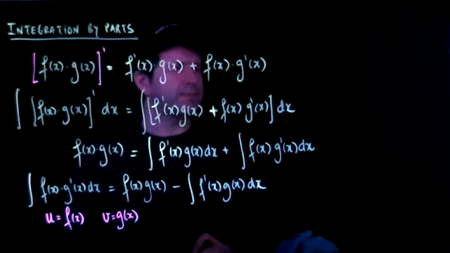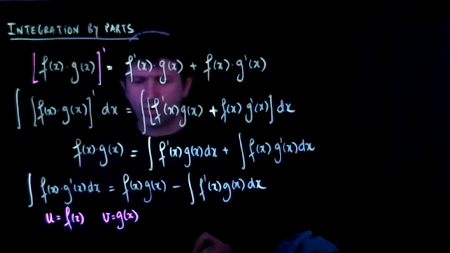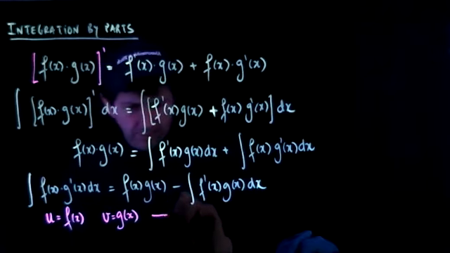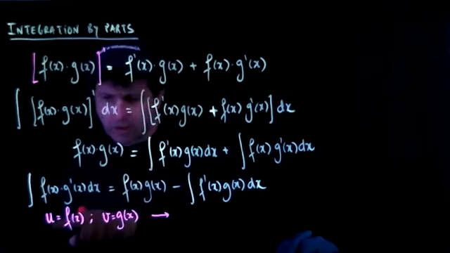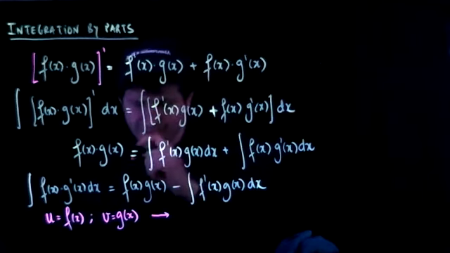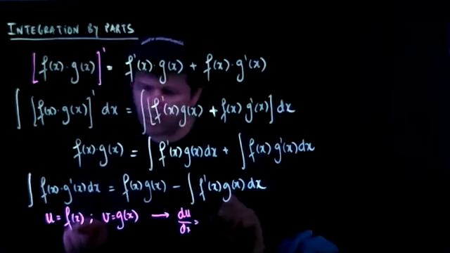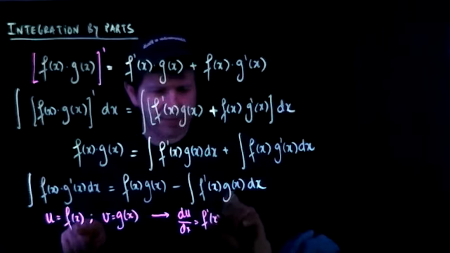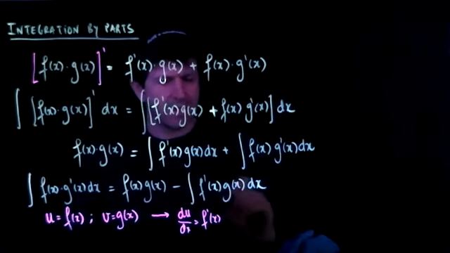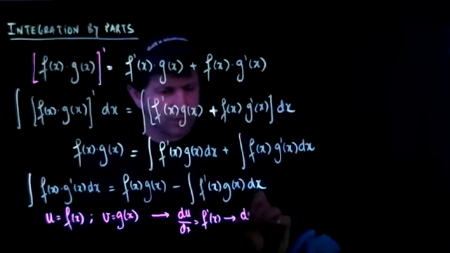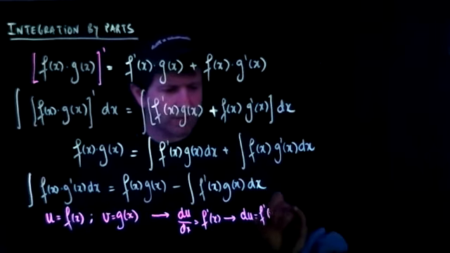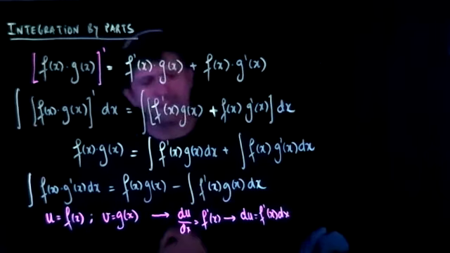So if I do the derivative here, du dx is equal to f prime of x, and so du is f prime of x dx.